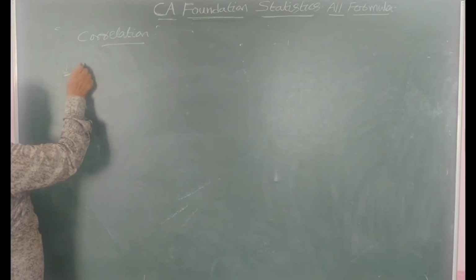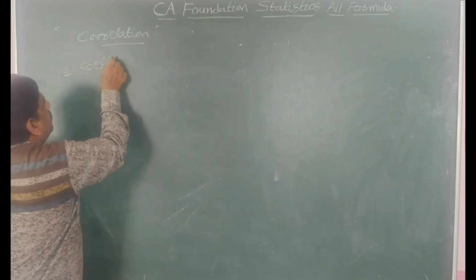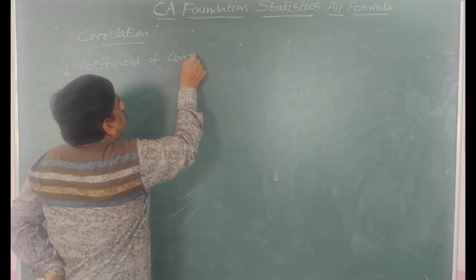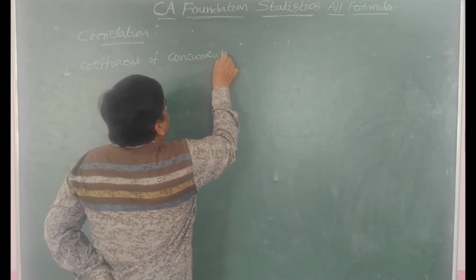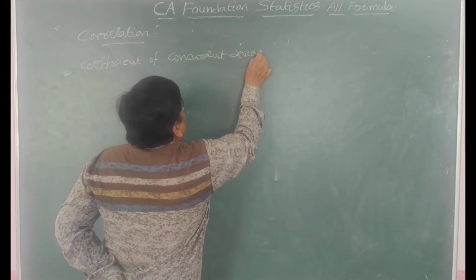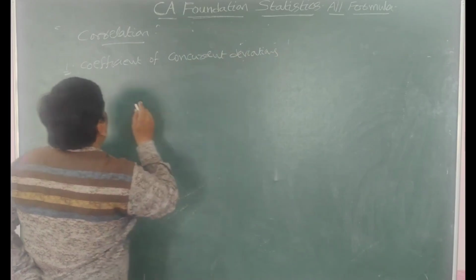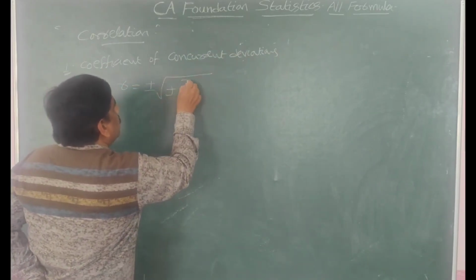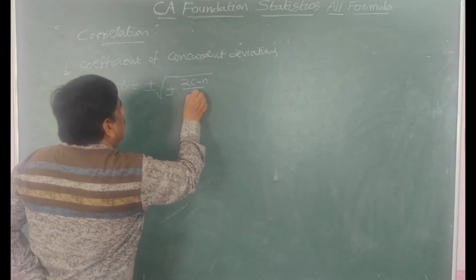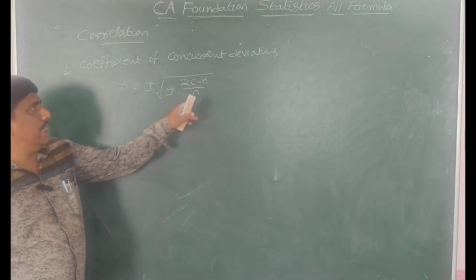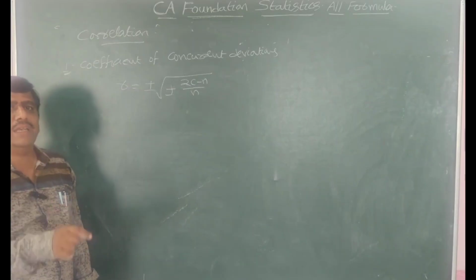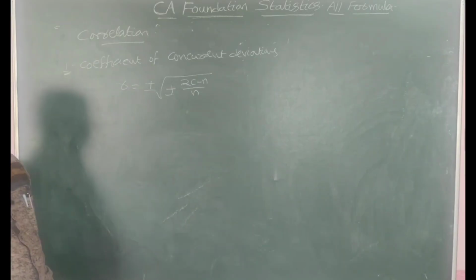So, coefficient of concurrent deviations. The formula is r equal to plus or minus square root of plus or minus 2c minus n by n. Here n is the number of deviations, which is always 1 less than the number of pairs.